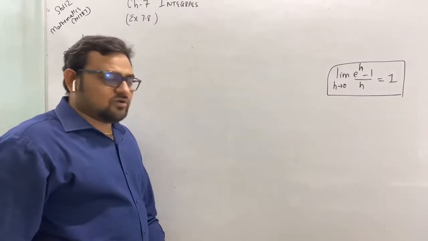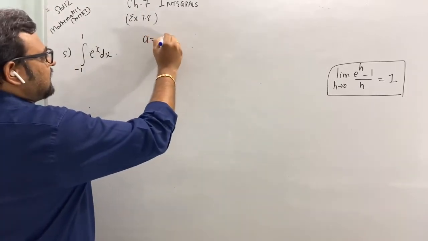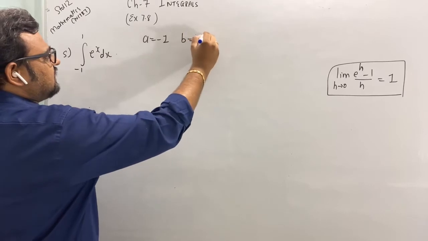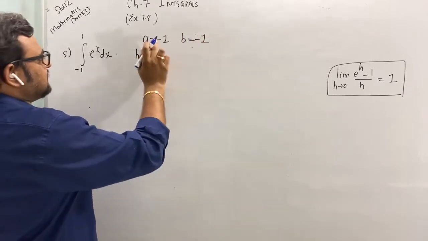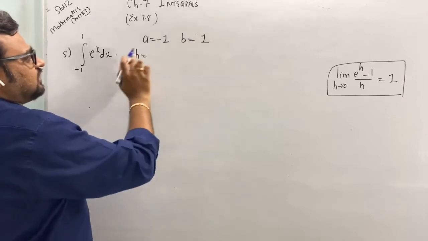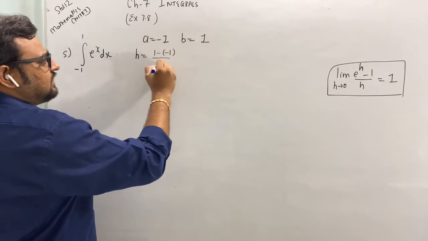We will be using this formula in this sum. So now let's start with our basics. What is a? a is minus 1, b is plus 1, and h is (1 minus (minus 1)) by n.